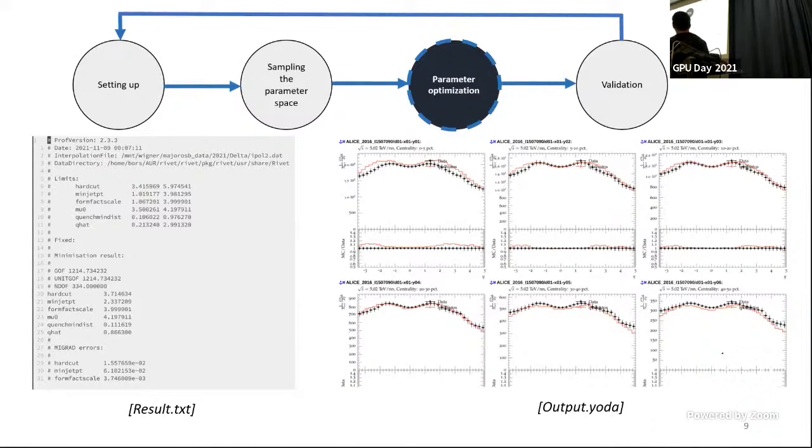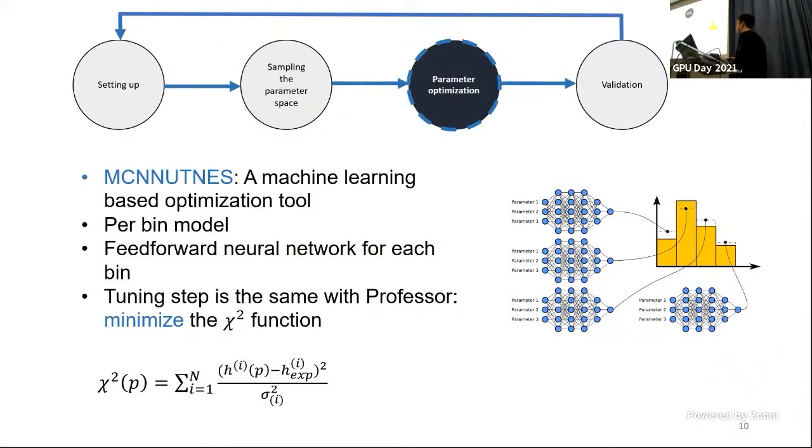So I'm going to show you another tool that is currently being developed, which is a machine learning based optimization tool. It's quite similar to Professor, which is a per-bin model, and it uses a feed-forward neural network for each bin, training it with a gradient-based algorithm, and it can use the same sample as Professor, so it's quite good.